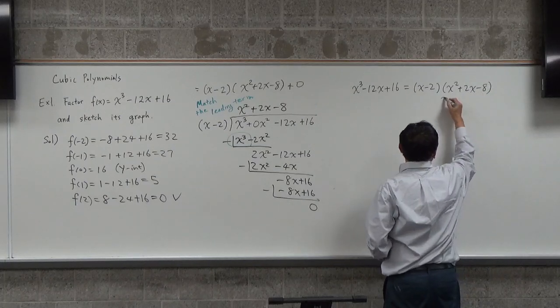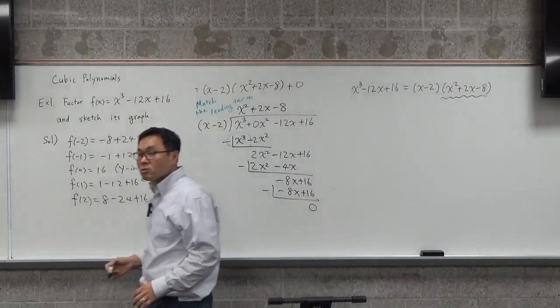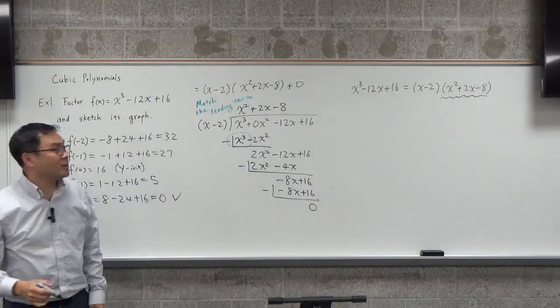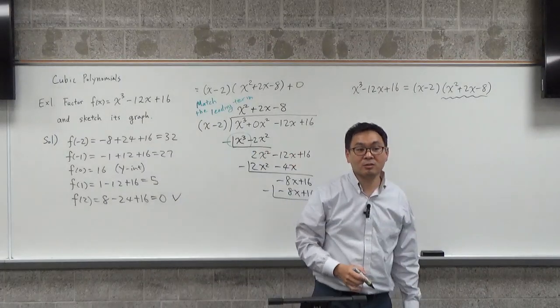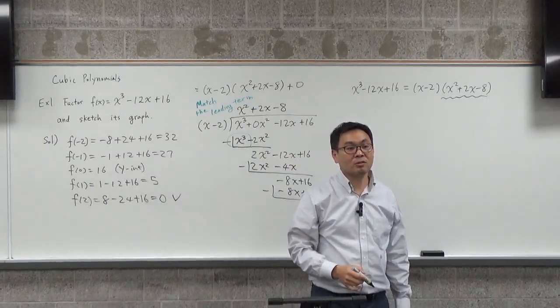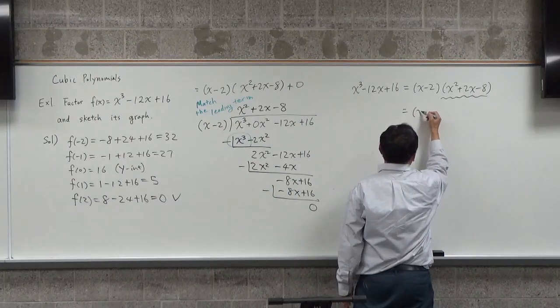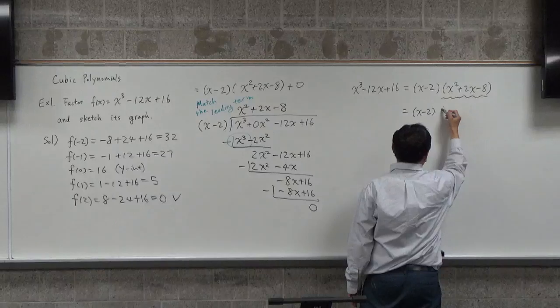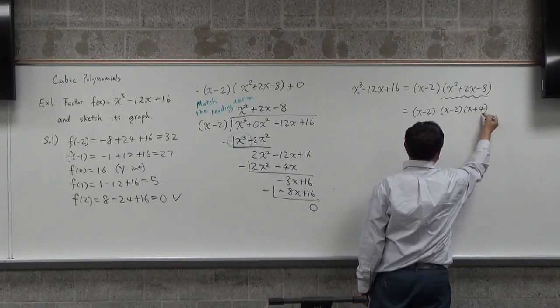And I notice that this can be factored as well. How does that one factor? Can you find two numbers that multiply to negative 8 and add to 2? What are those two numbers? Yes? Yes, negative 2 and positive 4. So you get x minus 2. This is going to factor as x minus 2 times x plus 4.